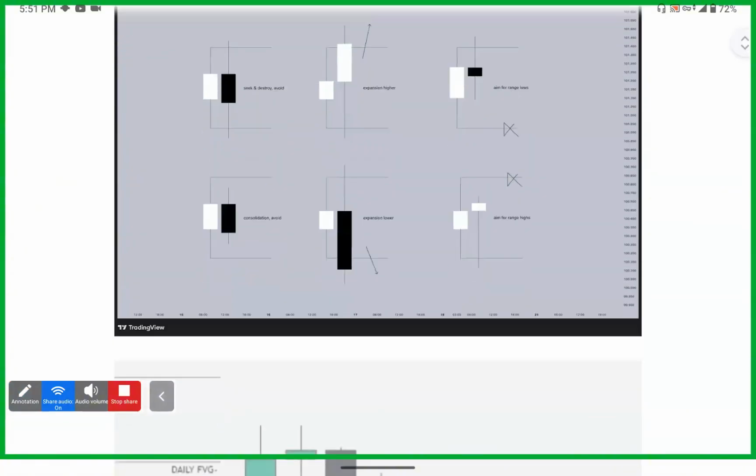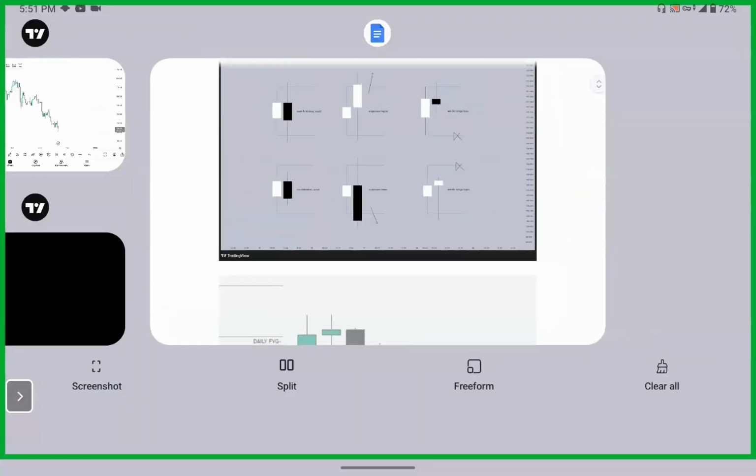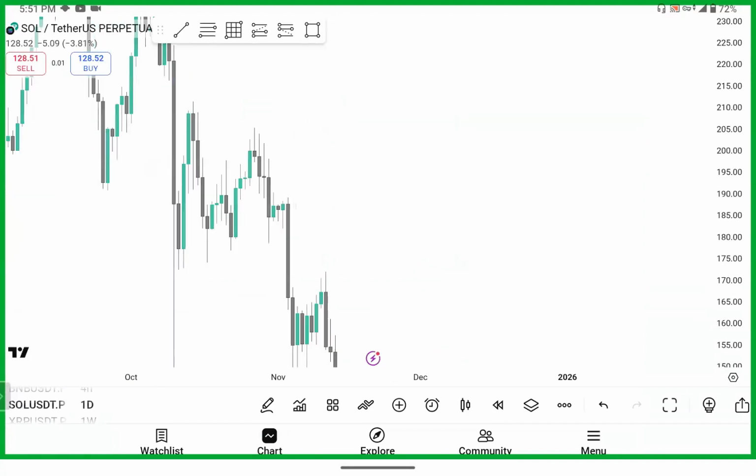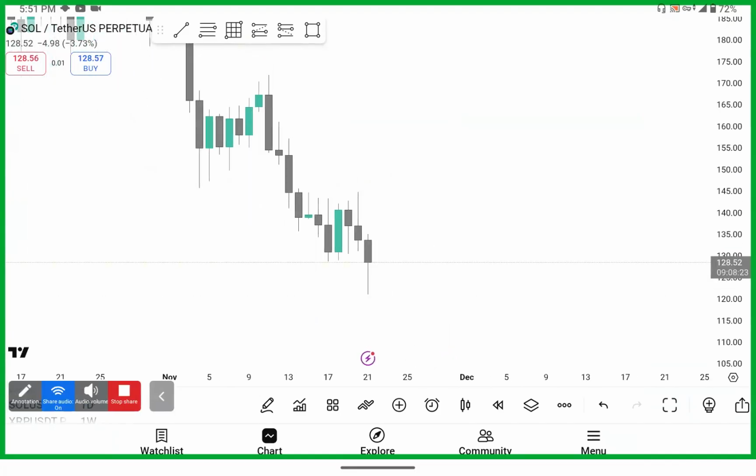So when we go on our charts, I want to give you an illustration. We are using the daily time frame. Put it in mind, you can see here that this is our daily time frame.